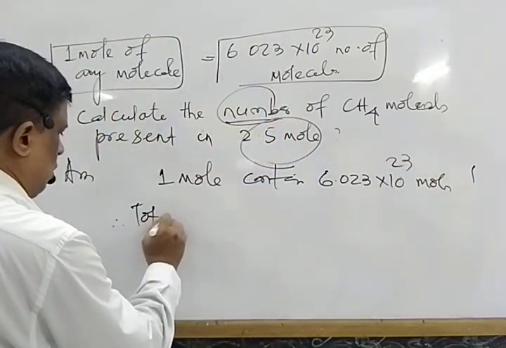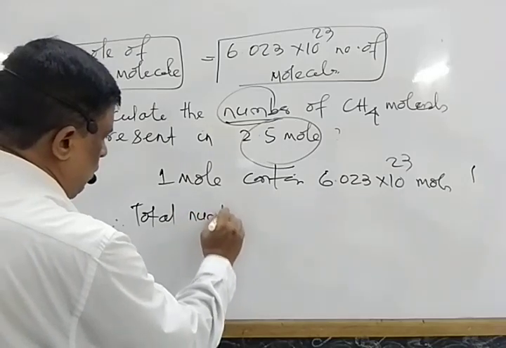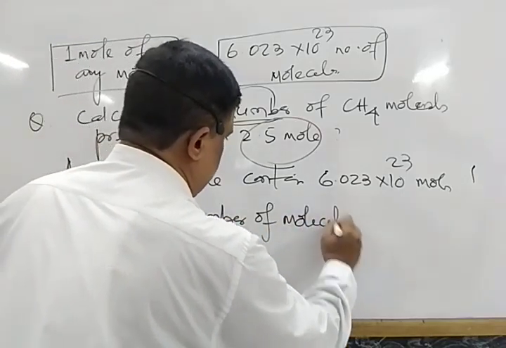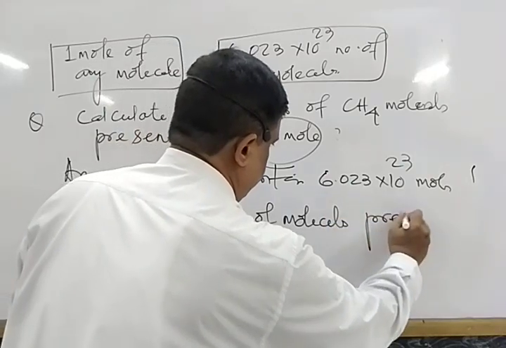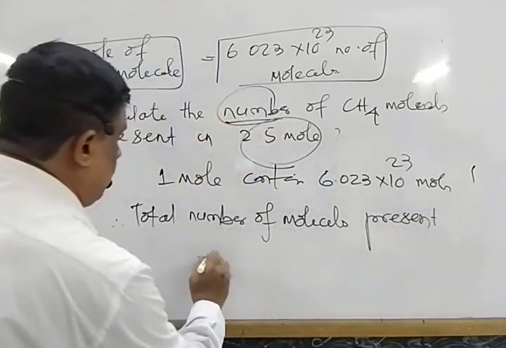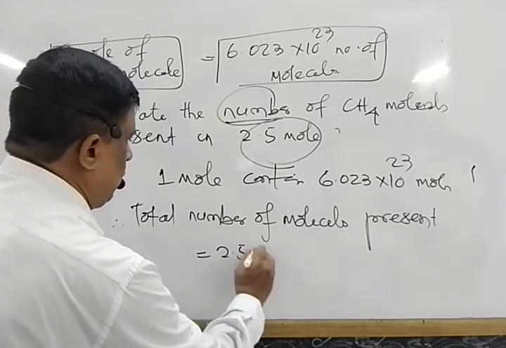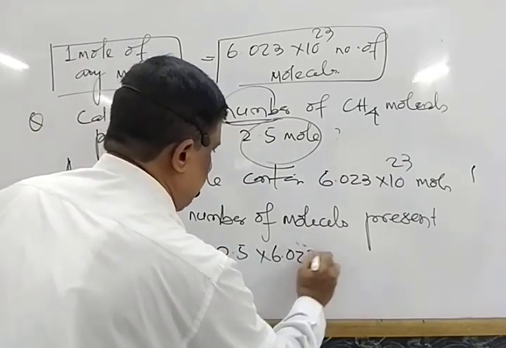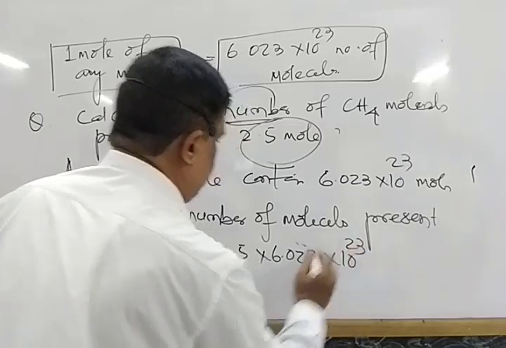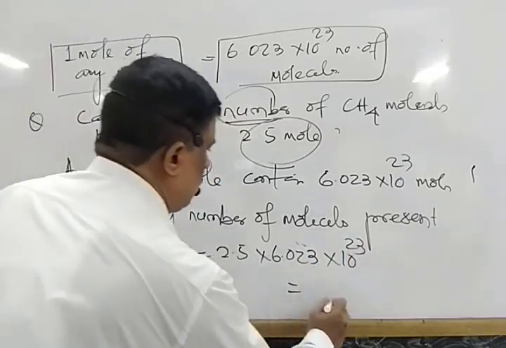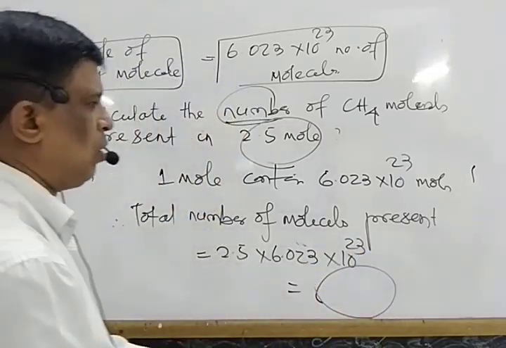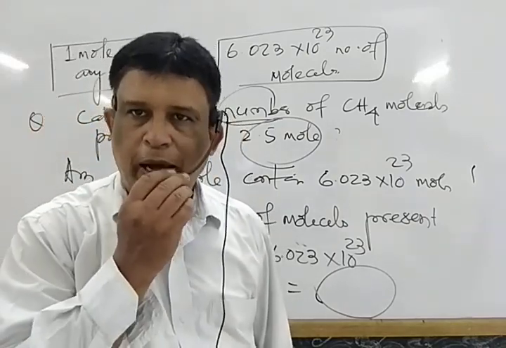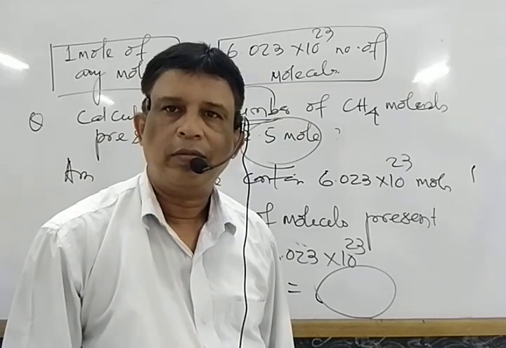Therefore, the total number of molecules present is 2.5 × 6.023 × 10^23. Multiply this, and this is the result. This is the total number of methane molecules present in 2.5 mole.